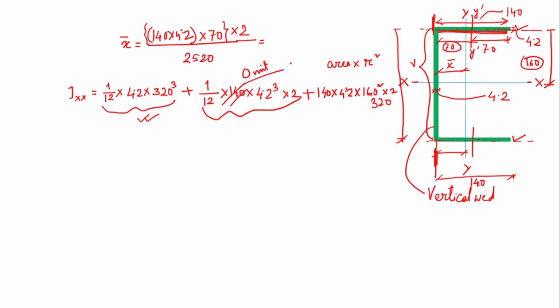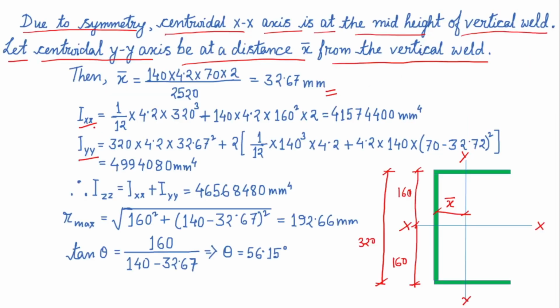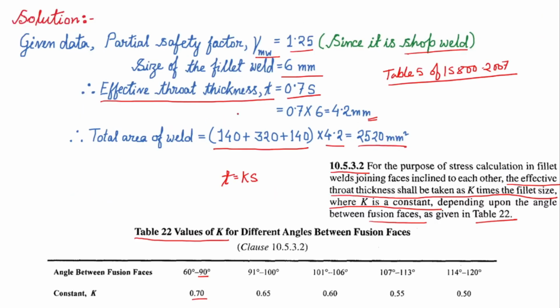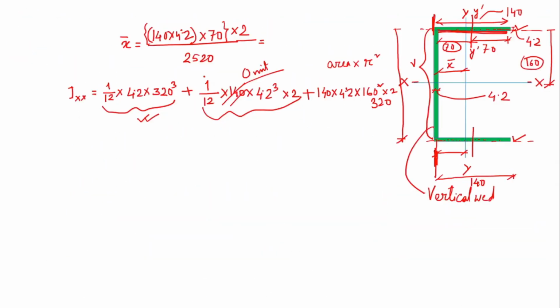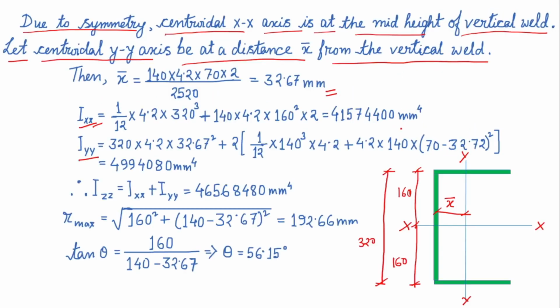That's why in Ixx this part is not written. Okay, so if I omit that part which gives a very small value, we can get Ixx as 41574400 mm to the power 4.